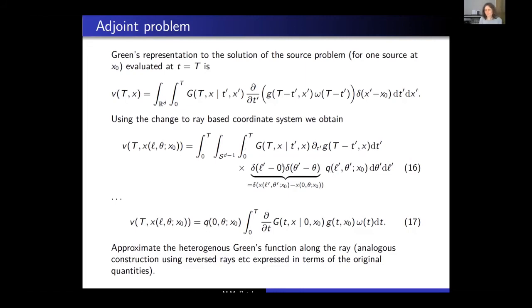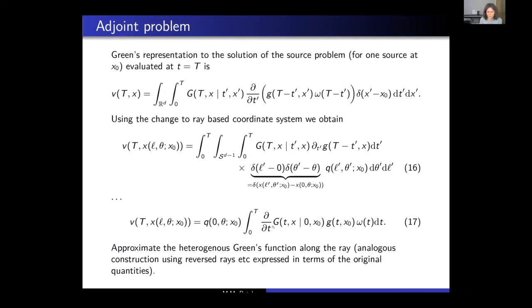I evaluate all sorts of integrals to all sorts of invariances on the Green's function, do exactly the same type of approximation that I have done before, and I get an adjoint operator for one single source in this particular form here.